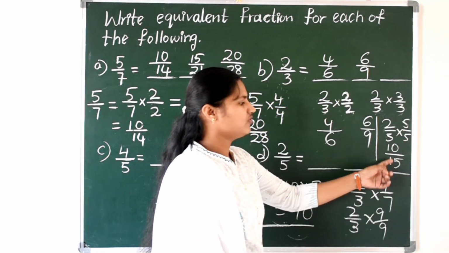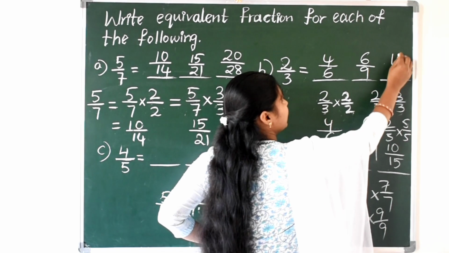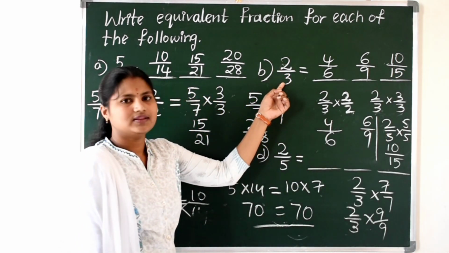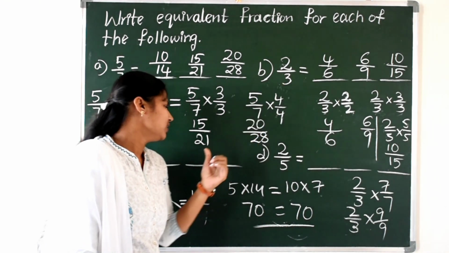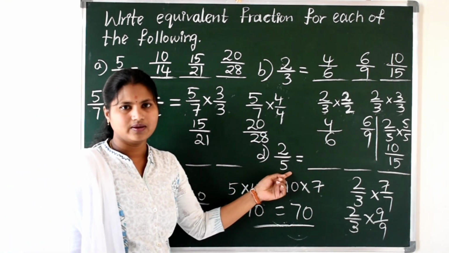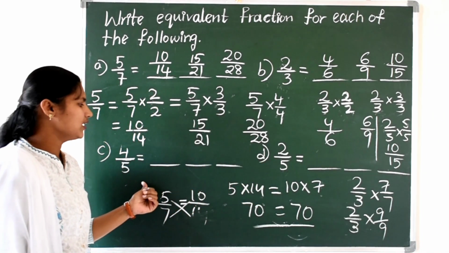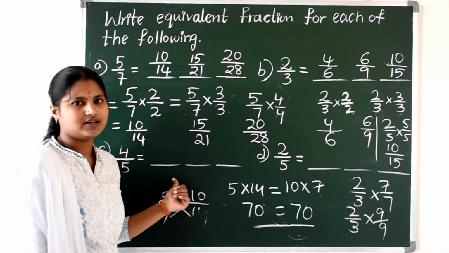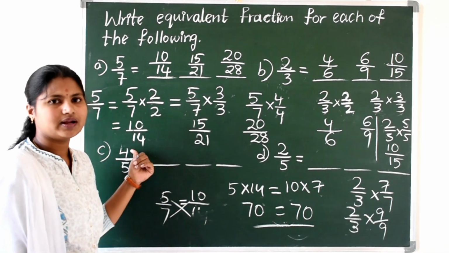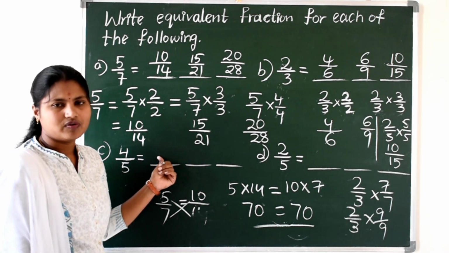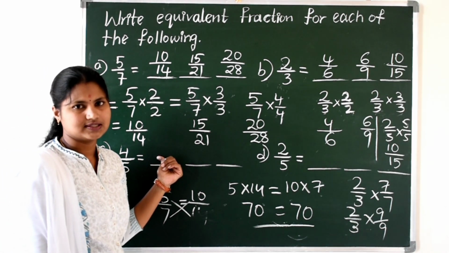So 10 by 15 is also an equivalent fraction of 2 by 3. Understand? Can you try 4 by 5 and 2 by 5? Multiply the numerator and denominator by the same number to get equivalent fractions.